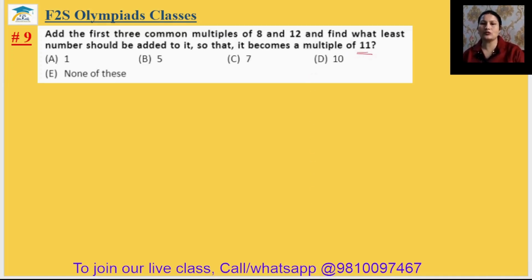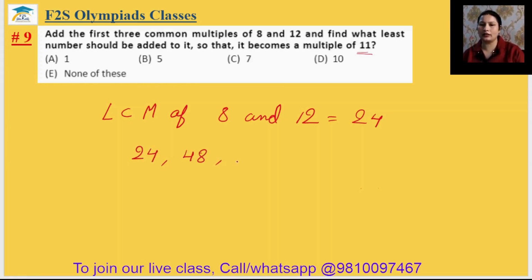So first find the LCM of 8 and 12. You can find out it will be 24. So the first three common multiples will be 24, 48 and 72. Add these three.